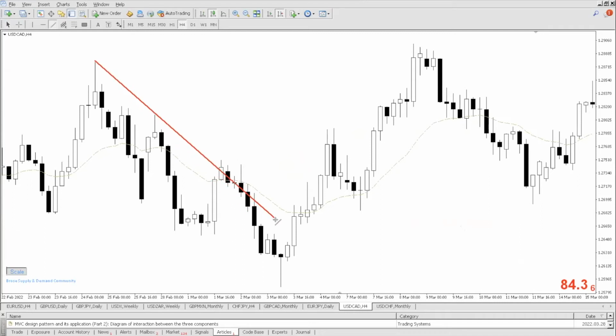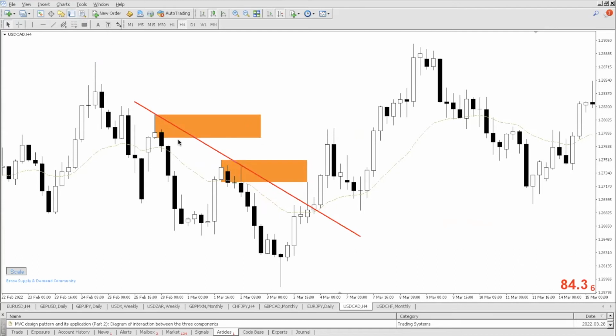Look at this trend line. A V here, nice V, with this one here. You draw your trend line. All this will be your demand and supply areas.